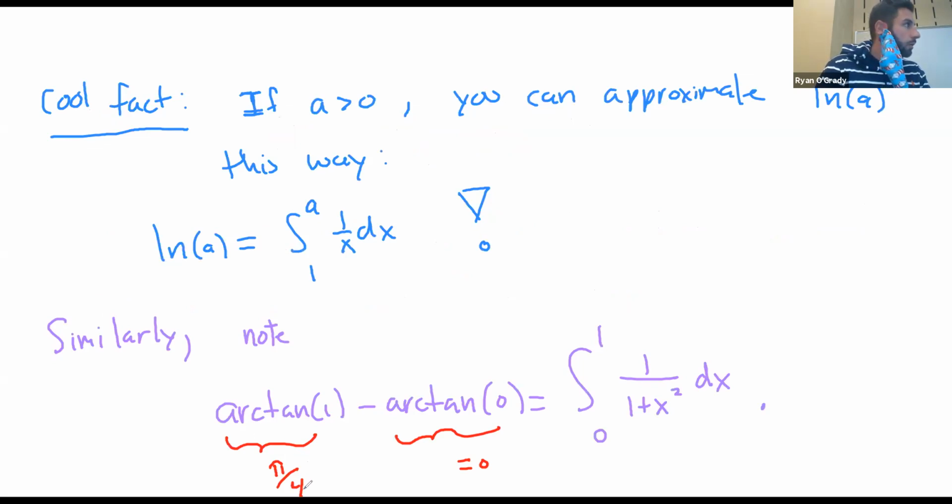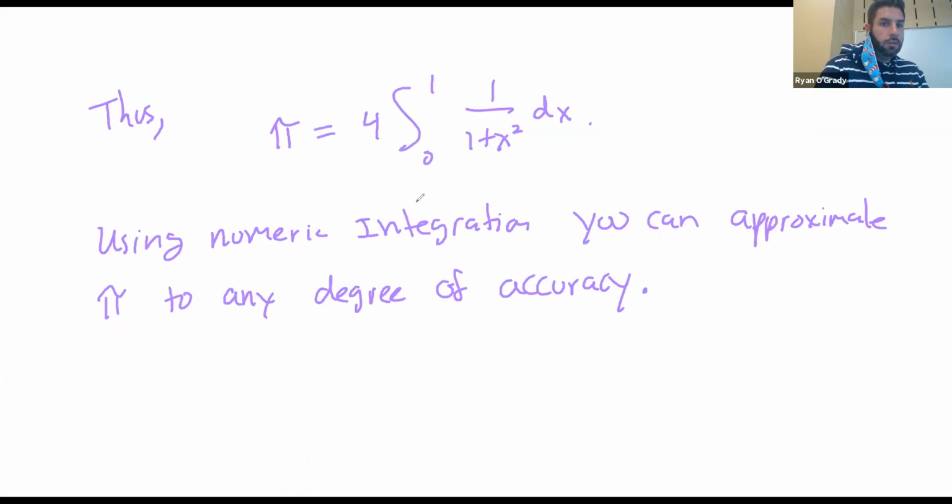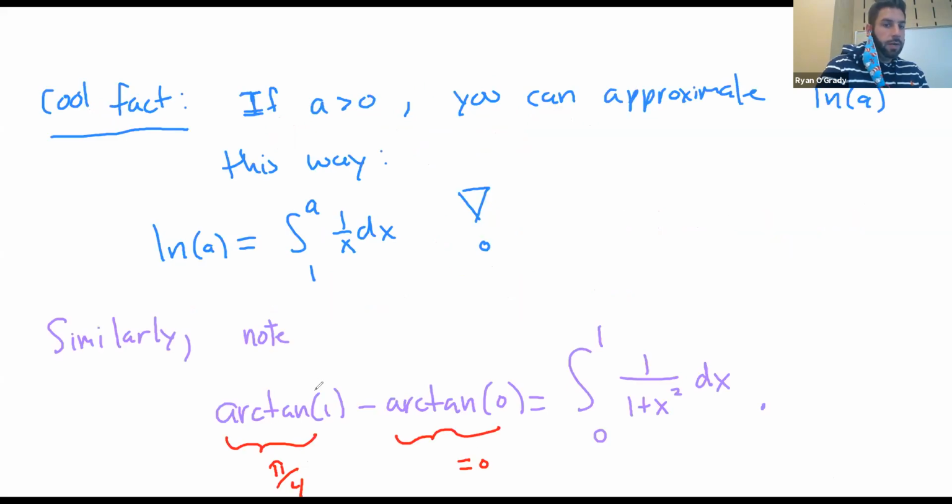So what I'm asking is that similar to the next, like 4 multiplied by the integral? Yeah, I mean, this right here is a direct consequence of this. If this is 0, it goes away, so I have arctan of 1 equal to this integral. But another way of writing the arctan of 1 is pi over 4. So this, in purple right here, is the same thing as this.